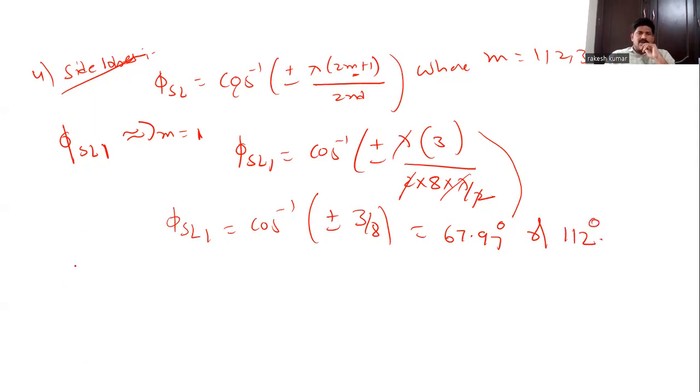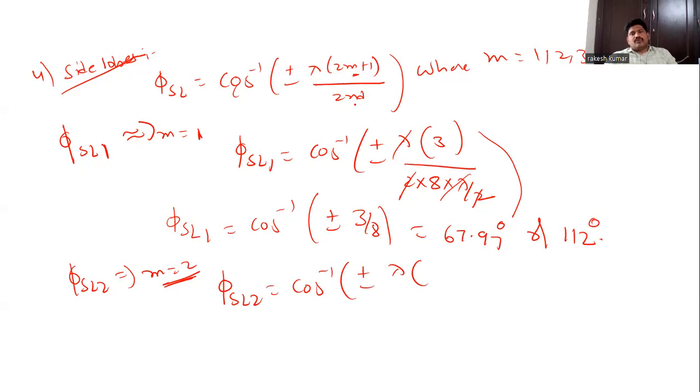Okay. Similarly, let us calculate for SL2. SL2 means you take m equal to 2. So SL2 is equal to cos inverse of plus or minus lambda into 2 into 2, 4, plus 1 is 5, by 2 into n, which is 8, into lambda by 2.